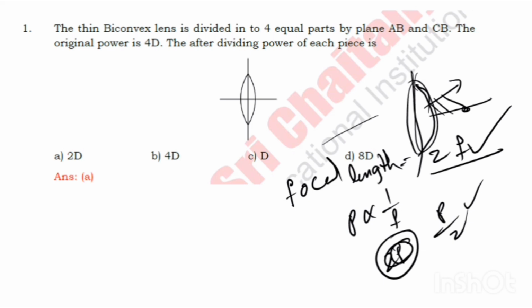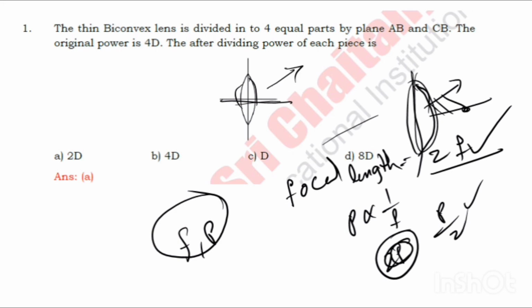If we cut it horizontally, focal length and power do not change because this curvature does not change, right? But intensity varies, right? Because half of the rays are missing, so intensity gets halved, right? So power is halved, so 2D is the answer.